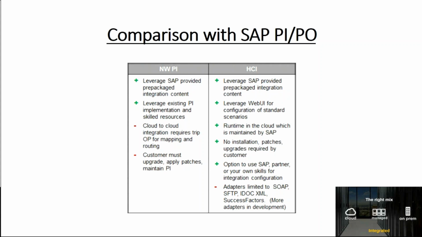But if, let's say, your tenant is down, if the tenant is not working correctly, if it is slow, or if new patches have to be implemented on the HCI tenant, then it is the task of SAP to take care of that.